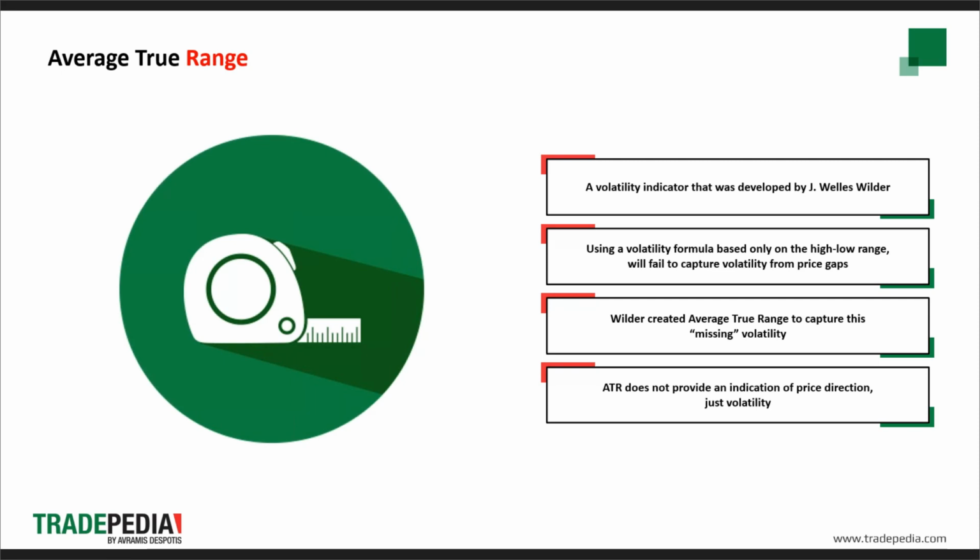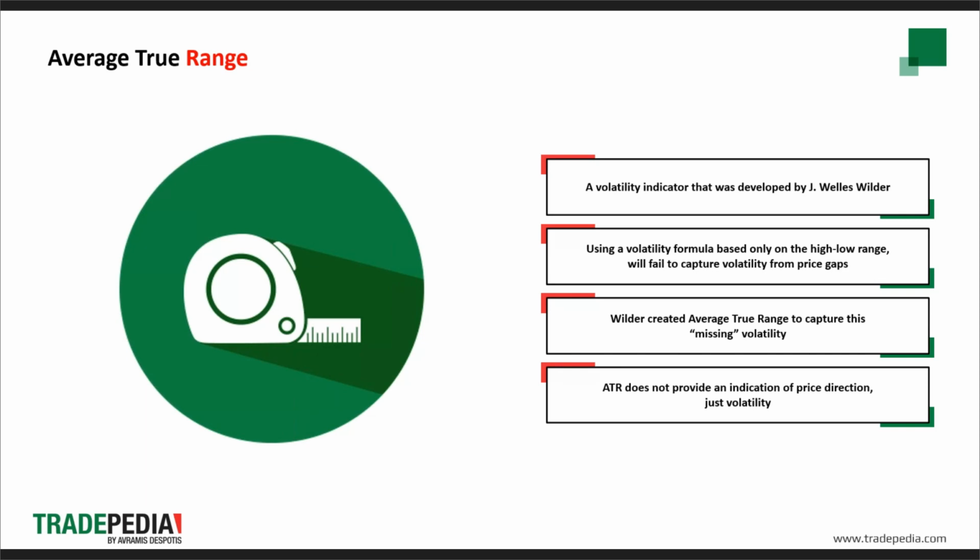A volatility formula based only on the high and the low range will fail to capture the volatility from price gaps. This is why Wilder created the average true range to capture the missing volatility. The average true range does not provide an indication of price direction, just the volatility itself.